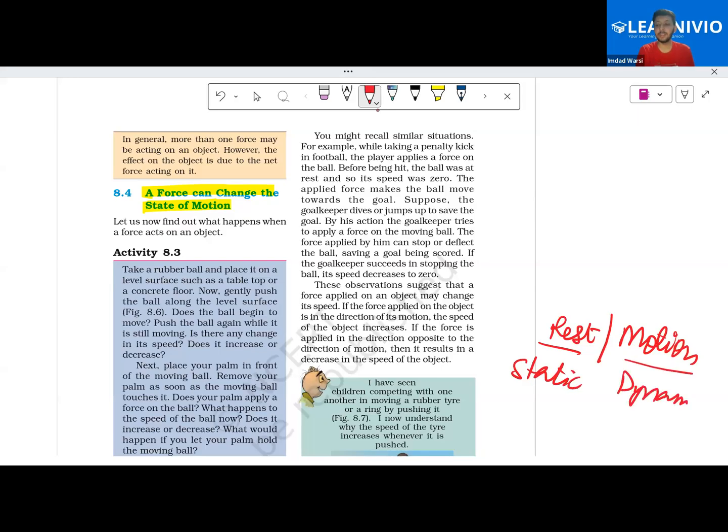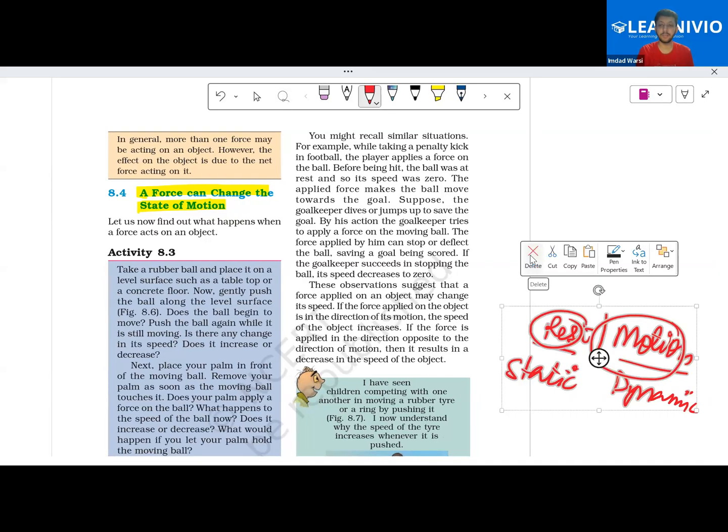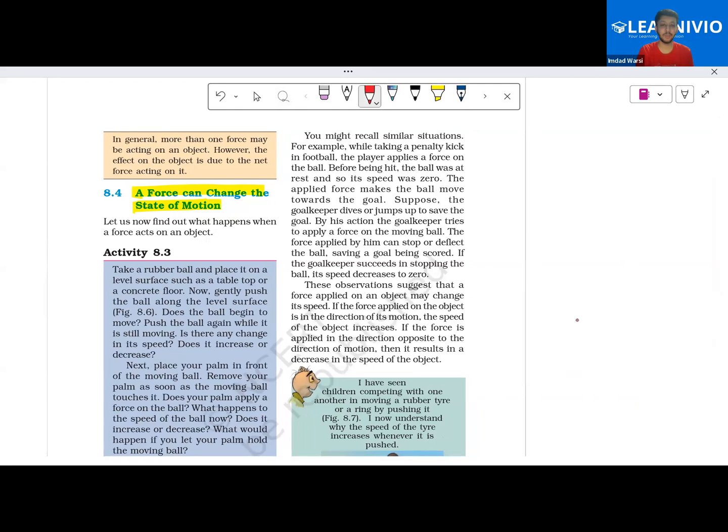These are very heavy words, which only a teacher or book uses. You need not write this hi-fi. You can simply say at rest or in motion. It's a very simple term, and it is also correct. Static and dynamic is a very hi-fi word.